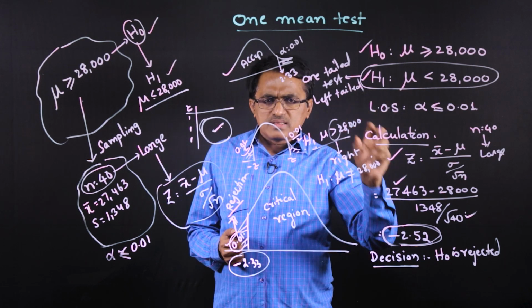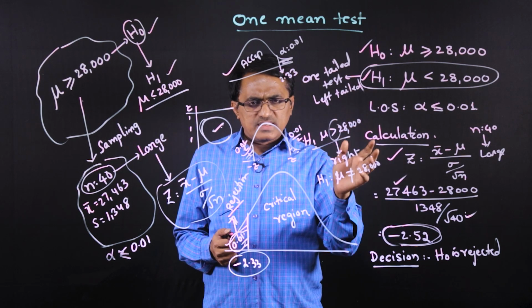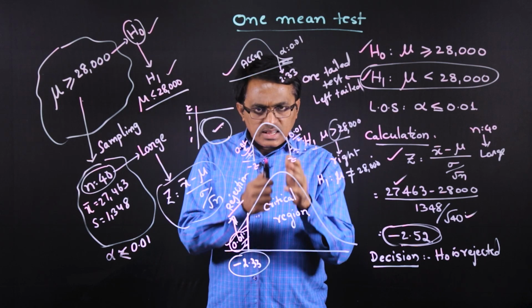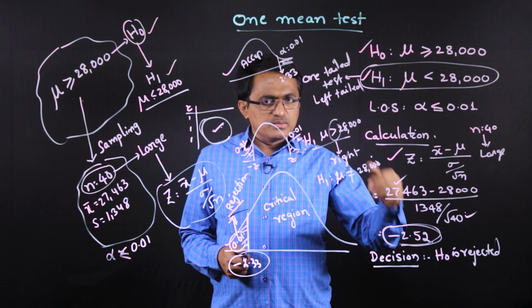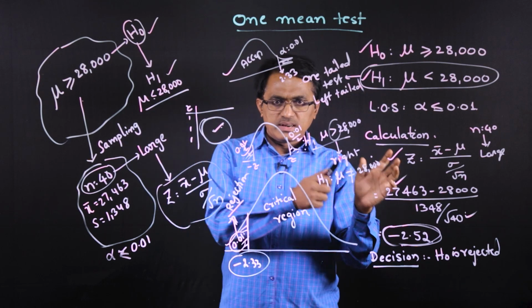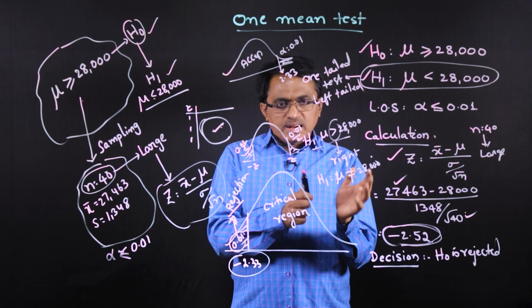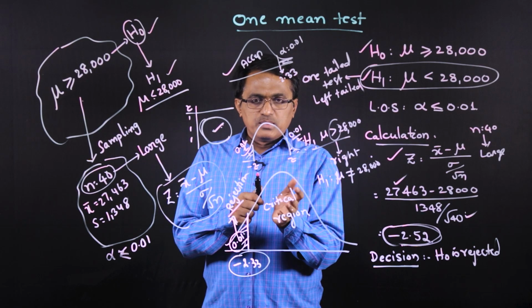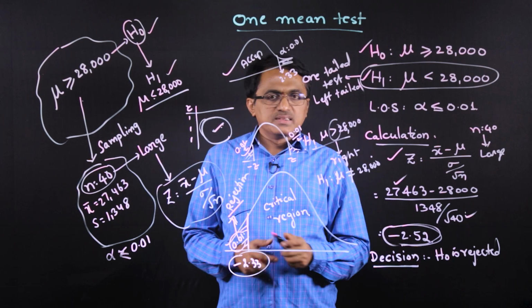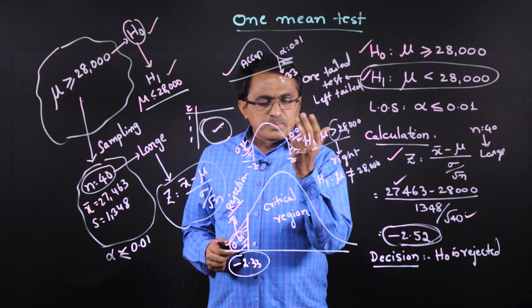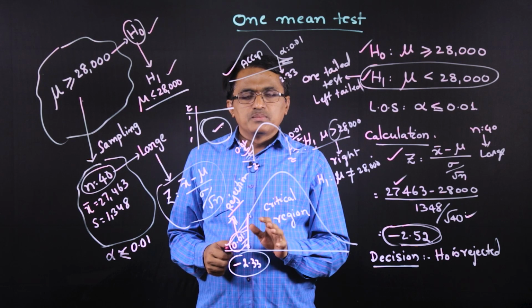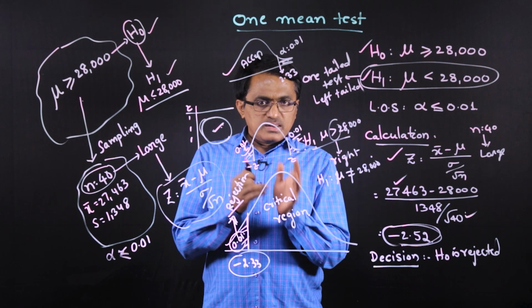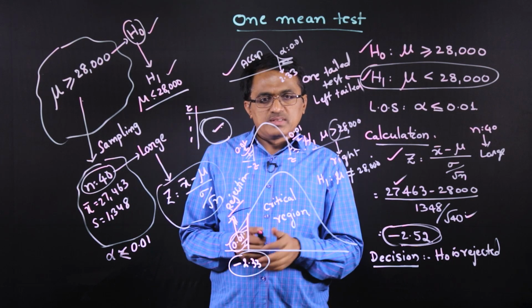Then the LOS, and then depending on the size of the sample, we decide the test. Accordingly, we see what the critical region is. Once we have the critical region, we do the calculations. We calculate the Z value or T value, whatever it is. Then we validate where the calculated Z value lies relative to the theoretical value. Depending on this, we take the decision, that is, either to accept the claim or to reject the claim. So like this we have to do the problems or discussions related to testing of hypothesis.